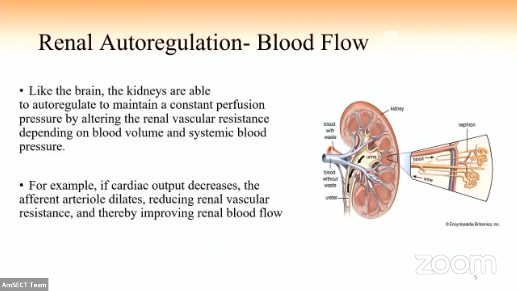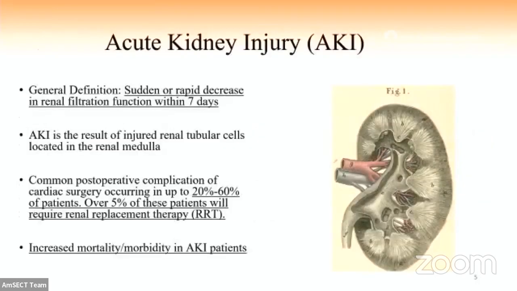So autoregulation, just like the brain, the kidneys are able to autoregulate to maintain a constant perfusion pressure by altering the renal vascular resistance depending on the blood volume and the blood pressure. So for example, if the cardiac output decreases, the afferent arteriole dilates, reducing renal vascular resistance. We will come back to autoregulation a few times in this talk.